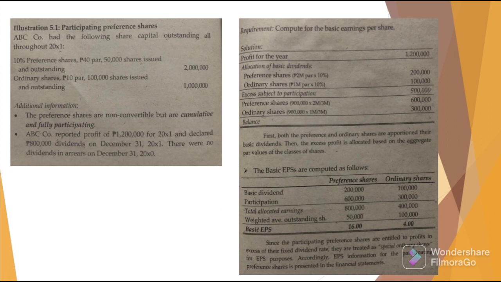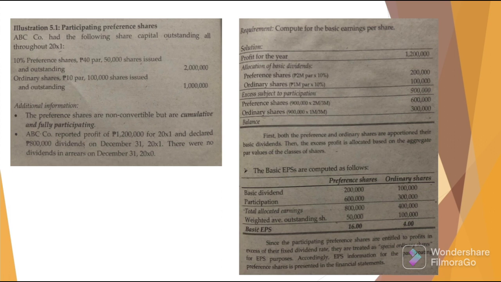Yung total ng dalawa is yung total allocated earnings nga natin. Ngayon, nakuha na natin yung earnings ng preference shares and ordinary shares. Pwede na natin siyang i-divide doon sa weighted average outstanding shares na ginagamit natin sa formula.